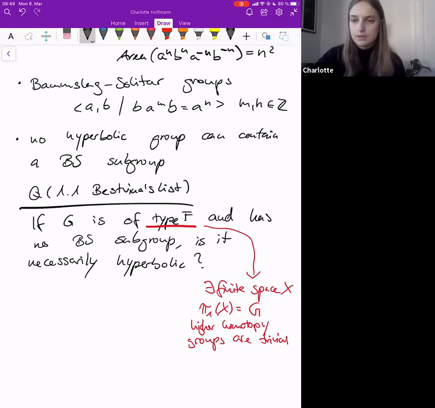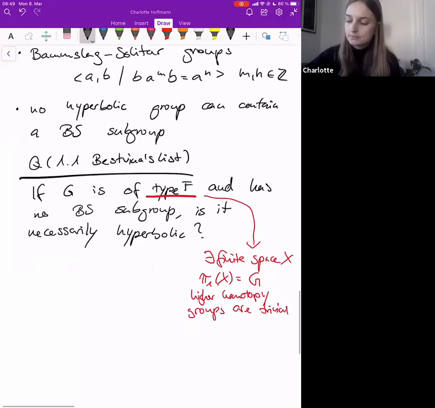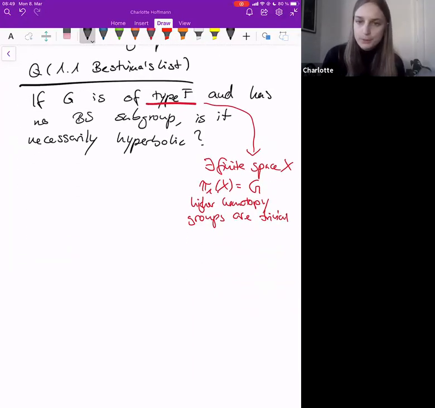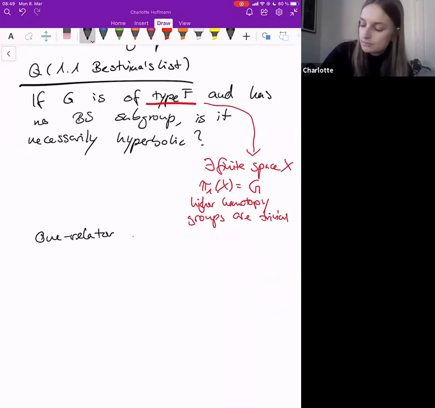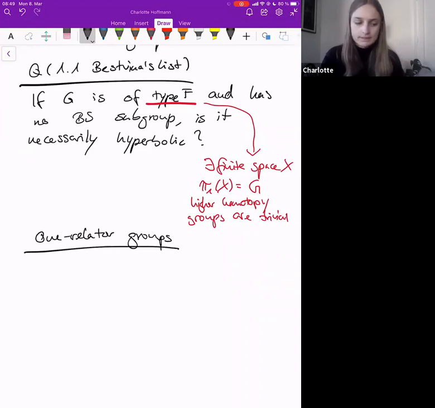But yeah, so the question, like it's stated here, is still open. And now in our paper, we considered one-relator groups. And why are they interesting to us? So the first thing is that one-relator groups are always of type F.